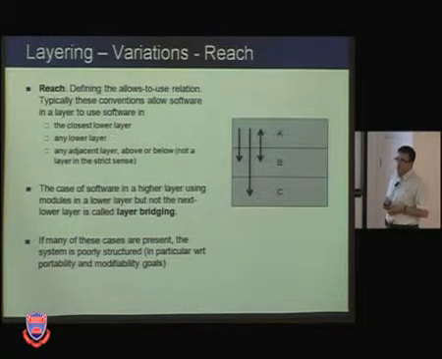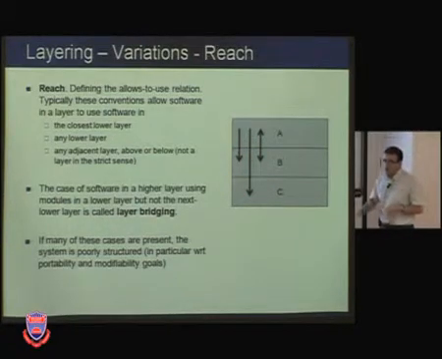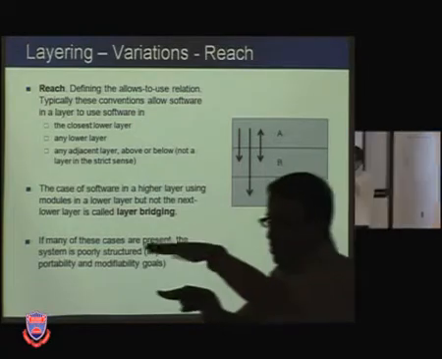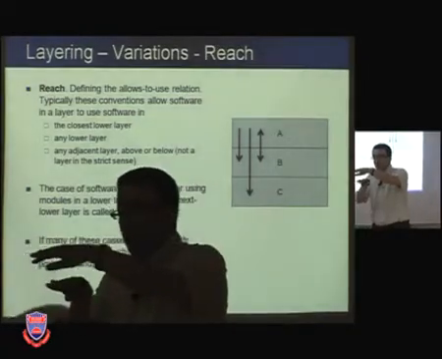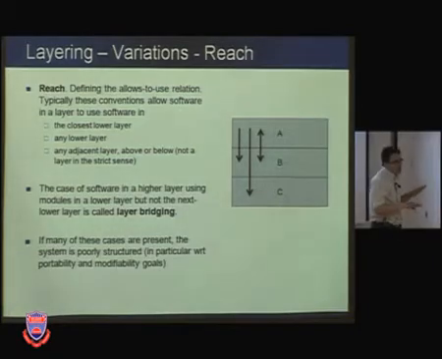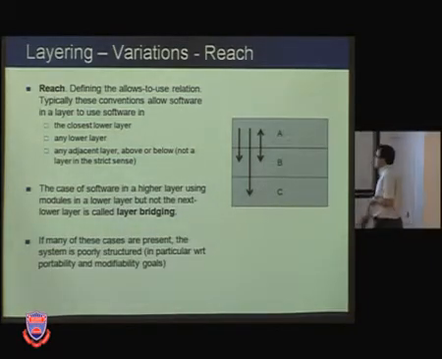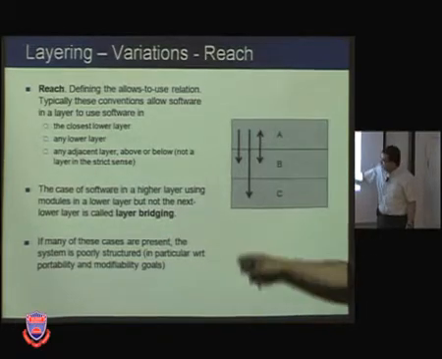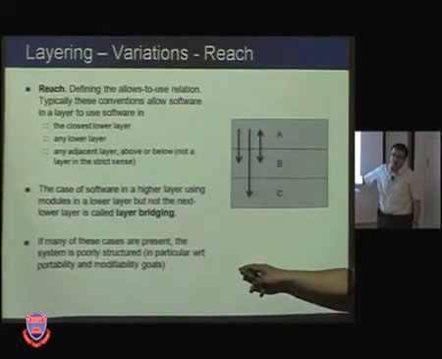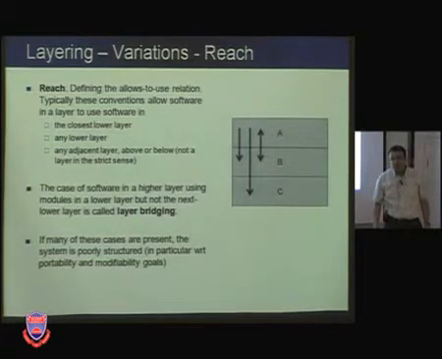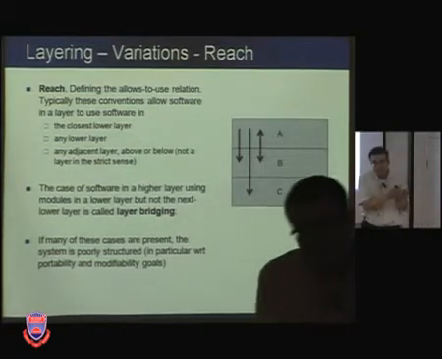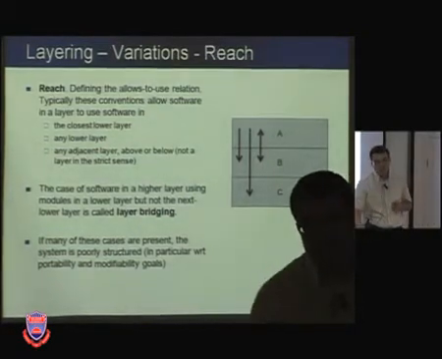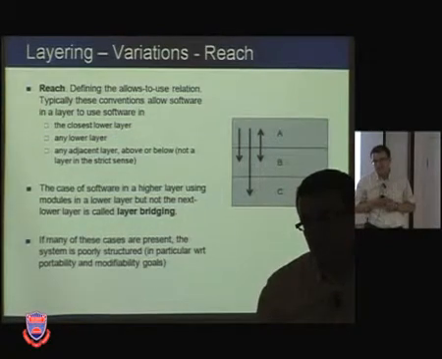In the strict definition, it's just the closest lower layer, the next lower layer. If you make this relation more flexible, then a higher level layer can use any lower level layer. That means not through the intermediate layers, but directly.